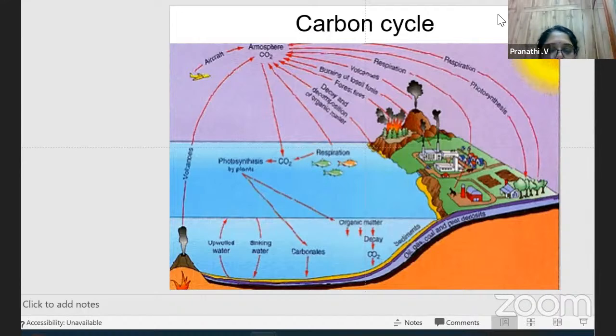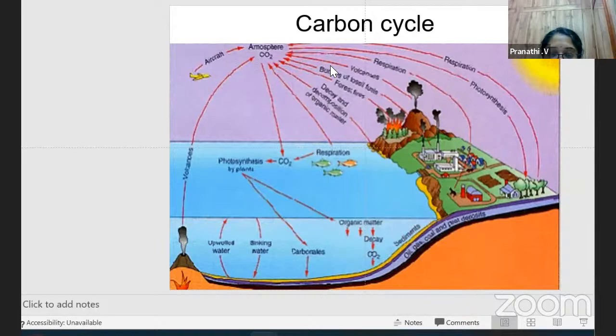Carbon dioxide is removed from the atmosphere through two means. One is photosynthesis, and this enters into the terrestrial and the ocean biosphere. This is the primary mode wherein atmospheric carbon dioxide is removed and entered into the biosphere. It also dissolves directly from the atmosphere into water bodies, and by precipitation.